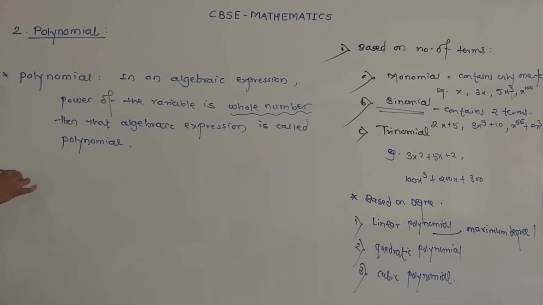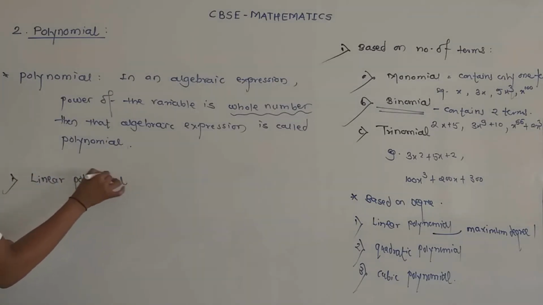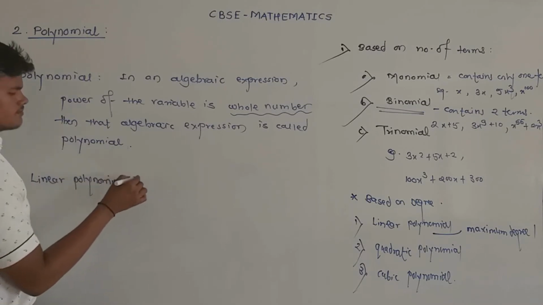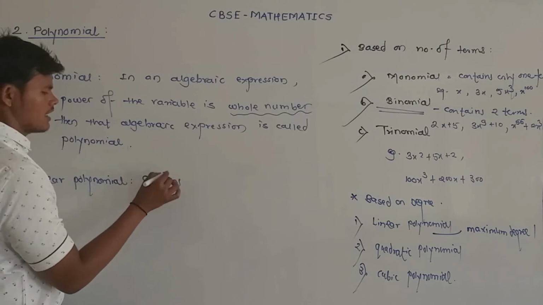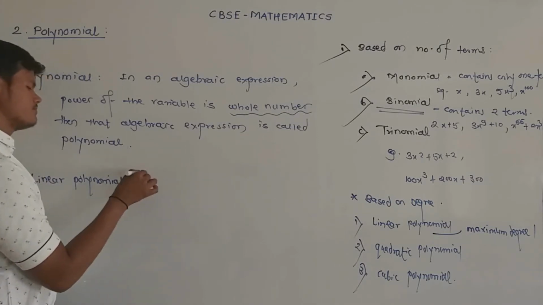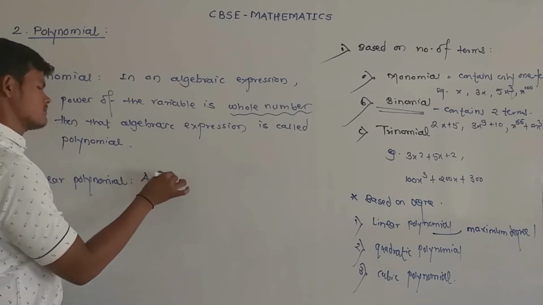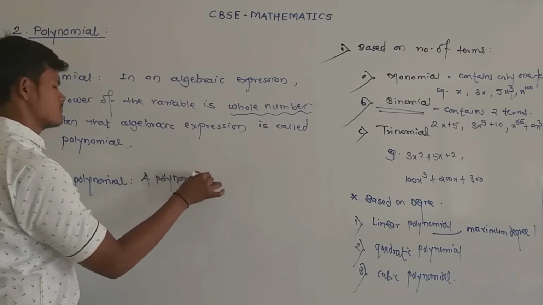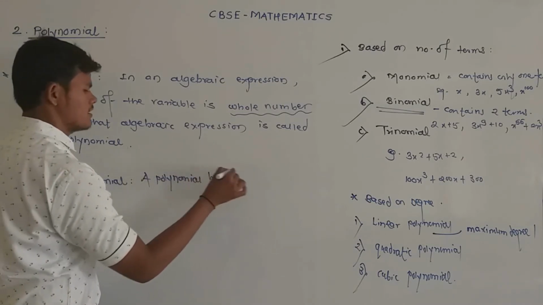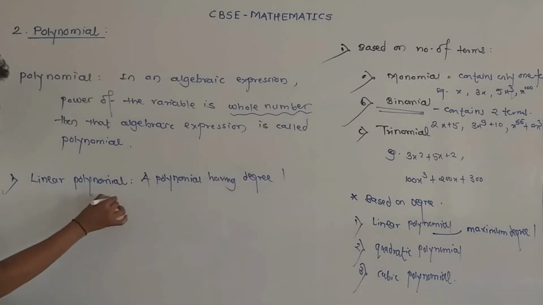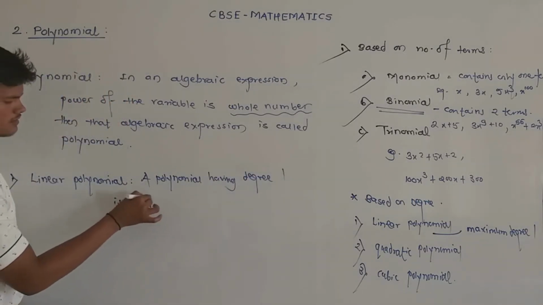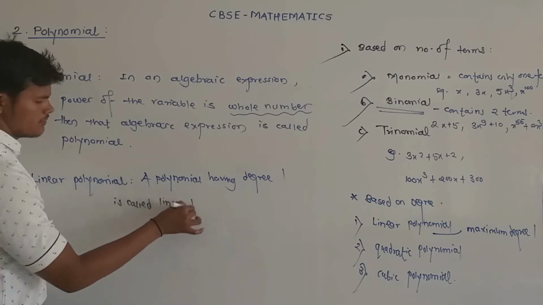So first of all, see, linear polynomial, having degree 1, is called linear polynomial.